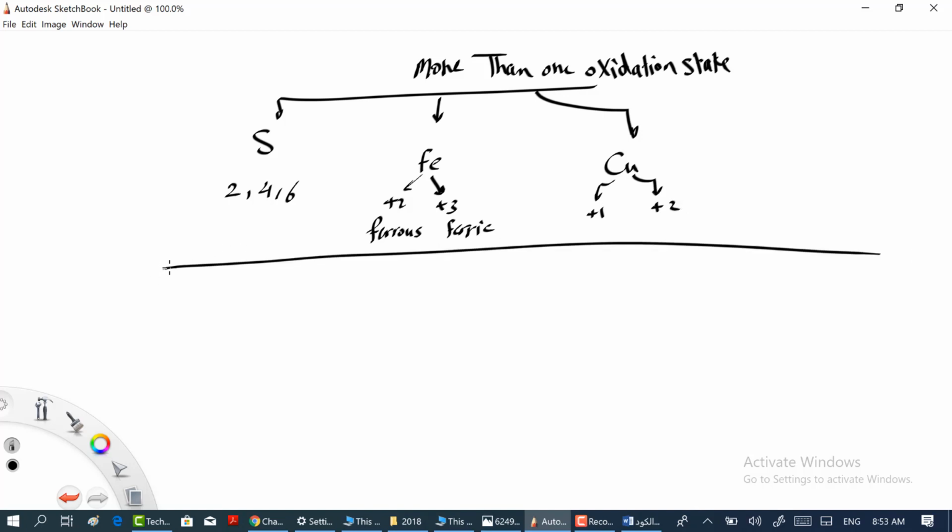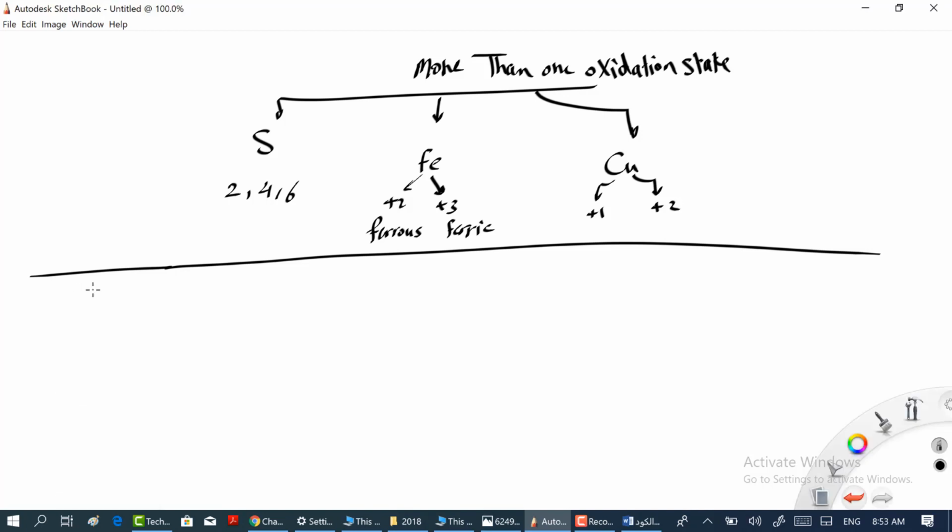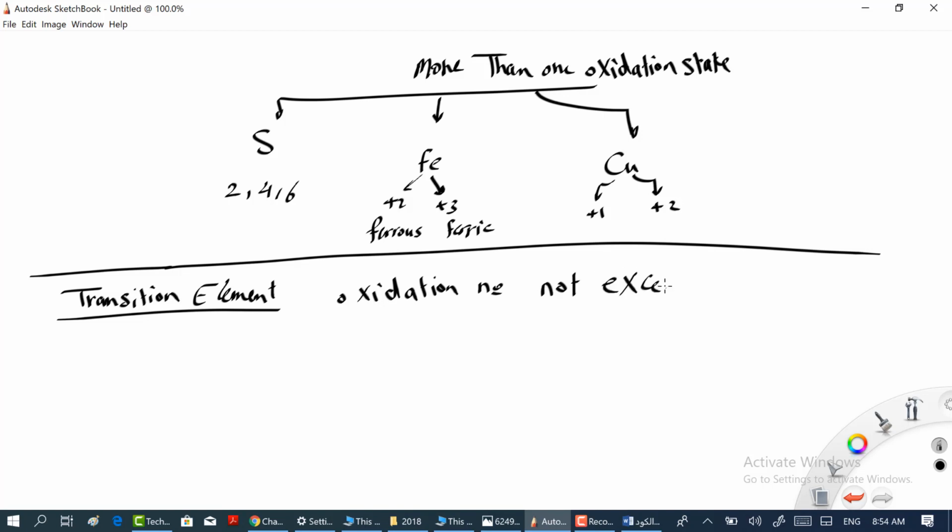If we talk about the transition elements, the oxidation number does not exceed the group number, like the 3d first transition series, from the main transition elements, not the inner.